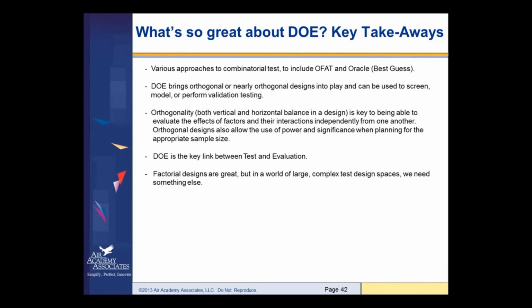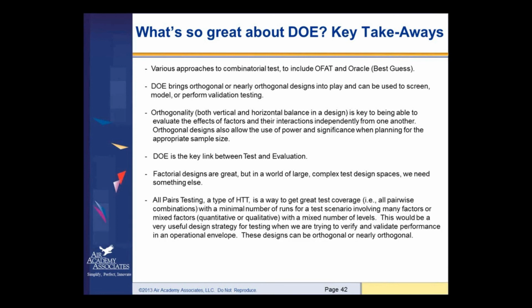It really is. And factorial designs, they're great, but in a world of large, complex test design spaces, we're going to need something else. And that's where this all pairs testing or a type of high throughput testing can help us get great test coverage with a minimal number of test runs for a test scenario involving many factors or mixed levels of factors, as we demonstrated with some of the examples here at the end of this presentation.